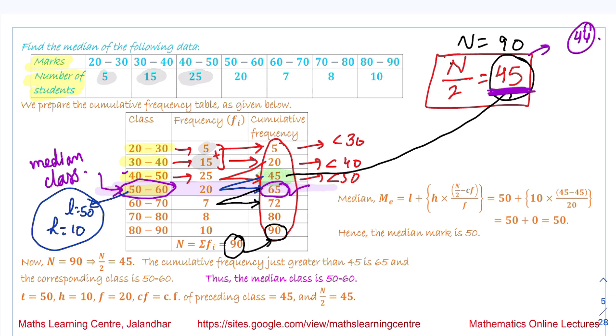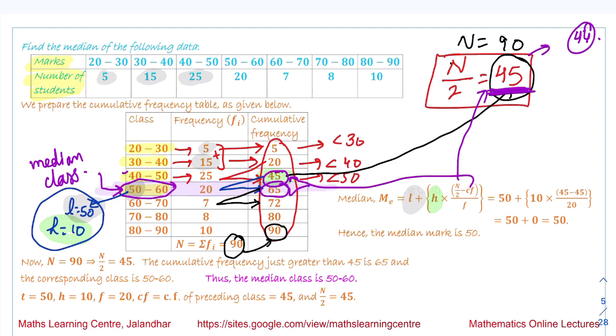Now the formula we have is L, this value 50 is the value of L. Then into H. H is the width of the median class. Next is n by 2. N by 2 we have already calculated, it is 45. CF means the cumulative frequency of the class preceding the median class.